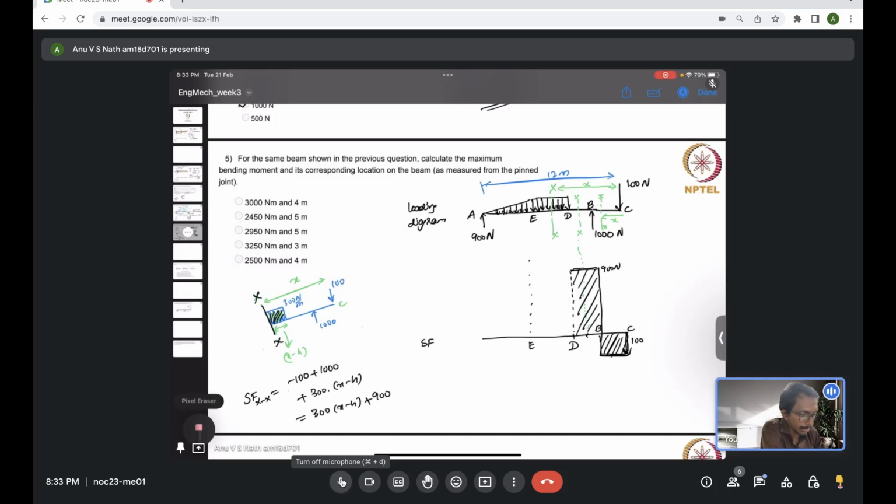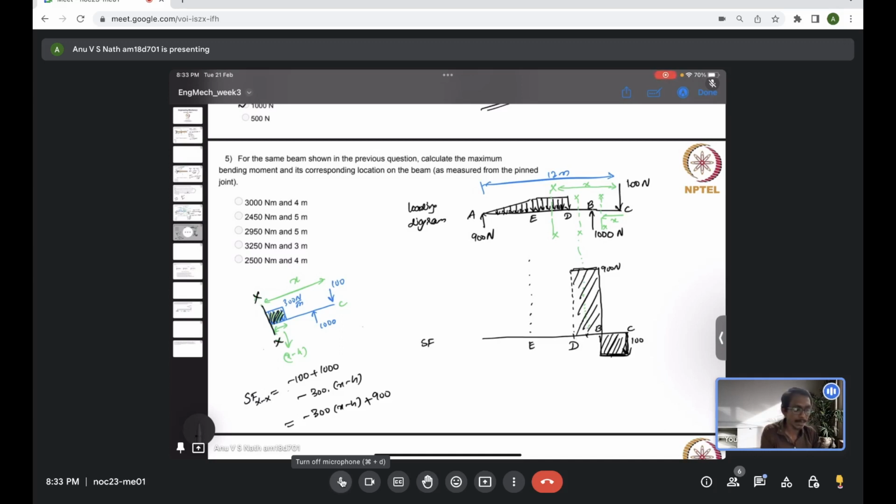Okay, there is a mistake. 300 is actually acting downward, so it should have a negative sign. We consider upward shear force as positive and downward as negative. So 1000 is acting upward, 100 is acting downward, resulting in 900 upward.